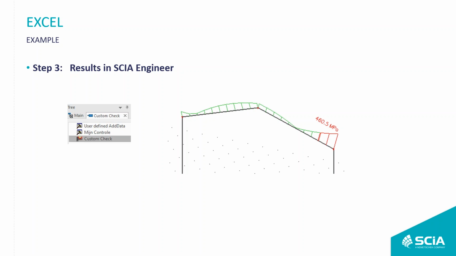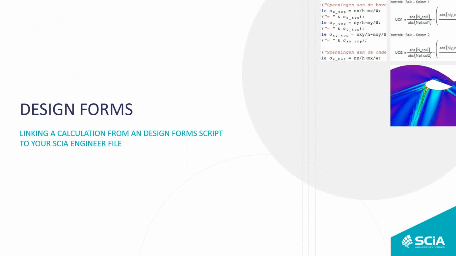This is part 1. And now we will continue with how to link and use design forms to do your own calculations in SCIA Engineer. But first of all, what are design forms? Design forms is an environment with a scripting language.